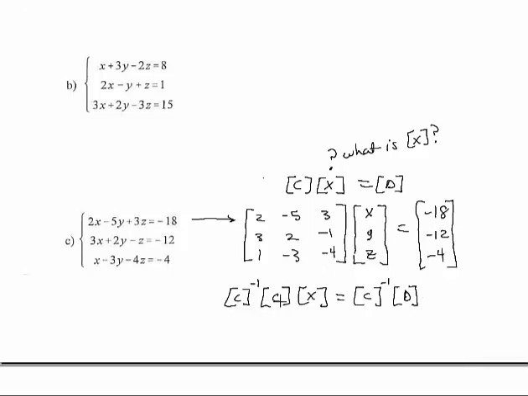Well, C inverse times C gives us the identity matrix times the variable matrix. And this matrix here is going to give us our solutions in the form of a column matrix with 3 rows. Identity matrix times X is just X itself.